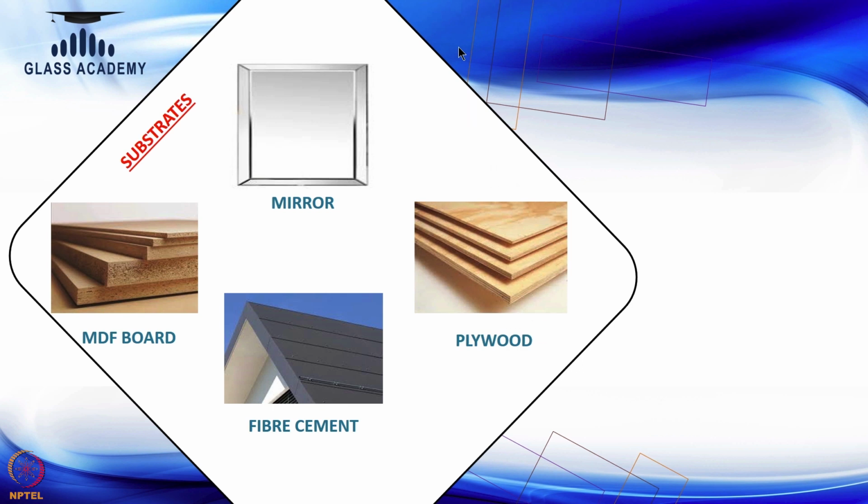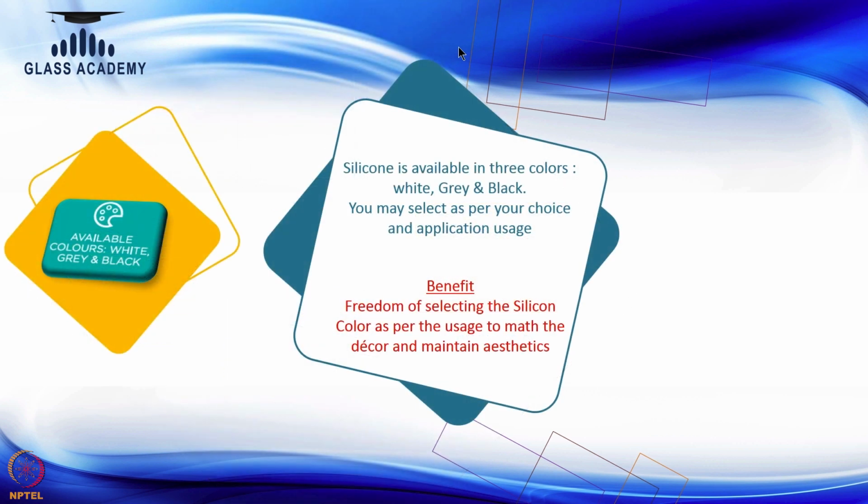Next to the substrate, the thing that comes in silicone is the colors available in the market. Basically there are three types of colors available in the silicone category. Number one is black, then grey and then white. It depends on the application where we are going to use the silicone; the color will be chosen as per that. Let us say if we are going to use silicone in the exterior category, mostly we will be using black silicone, where the color is going to match the glass, or we need not see the partition.